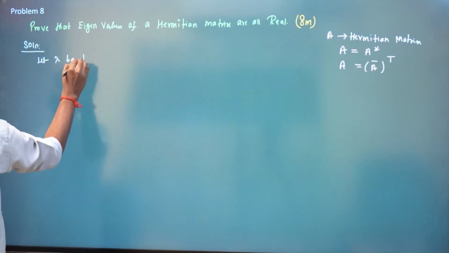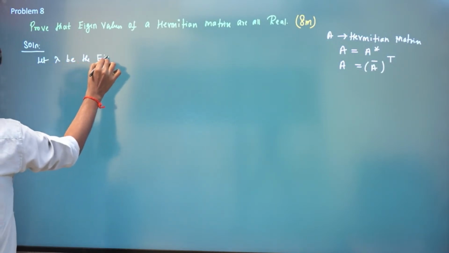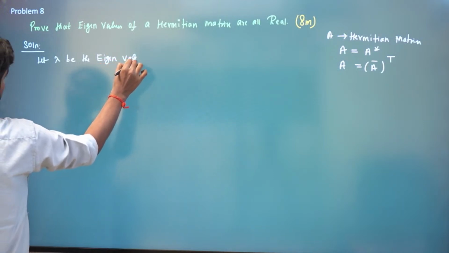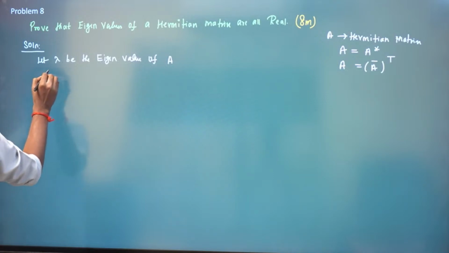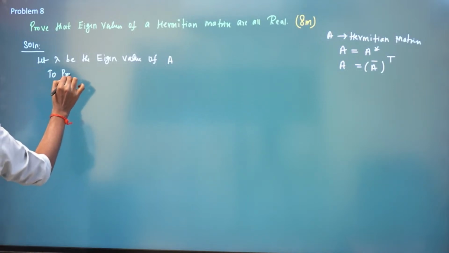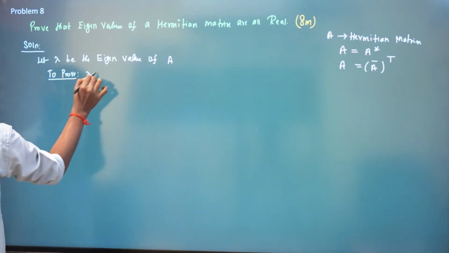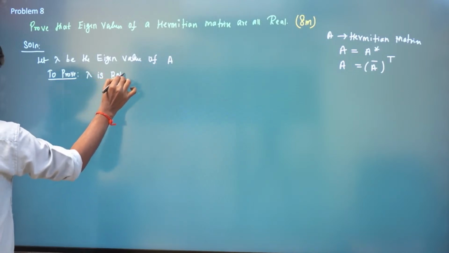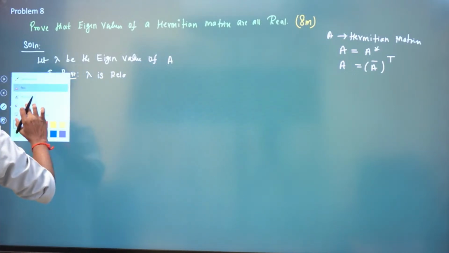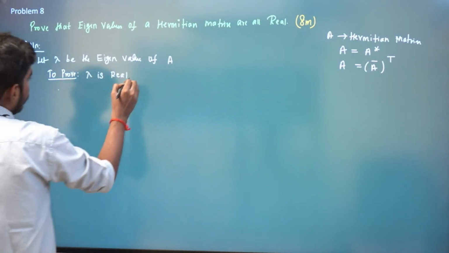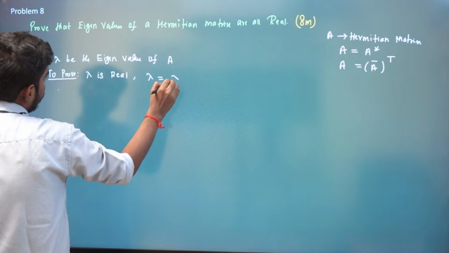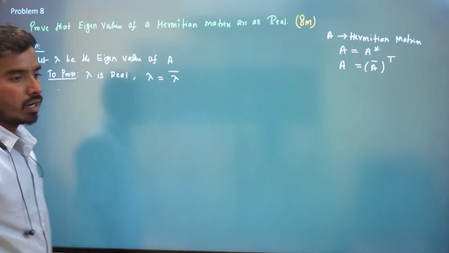So let lambda be the eigenvalue of A. To prove what? To prove this lambda is real. So for that, what do I need to prove? To prove lambda is real, I need to prove lambda is the same as lambda bar.